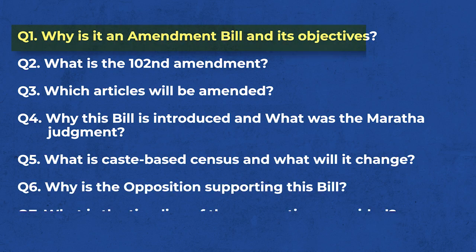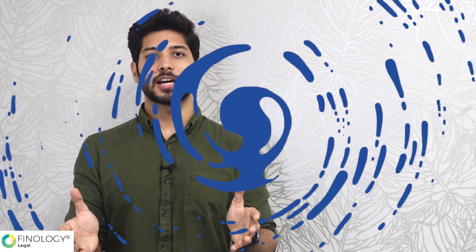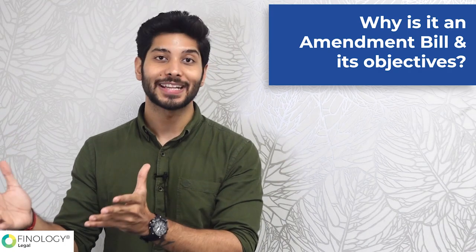And in this video, we are going to discuss some of the questions relating to it. So let's start our discussion with the first question, which is very basic: why do we call it an amendment bill and what are the objectives of this bill?